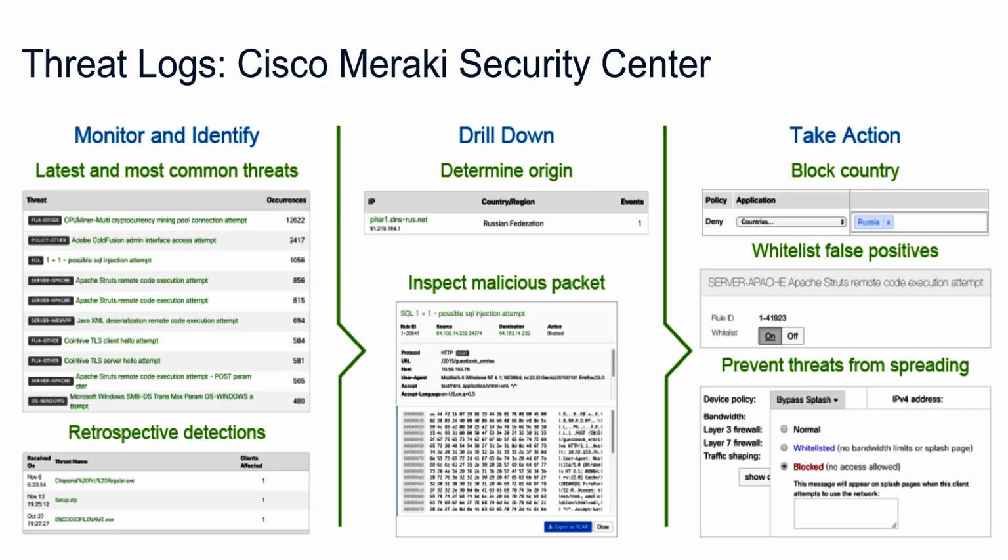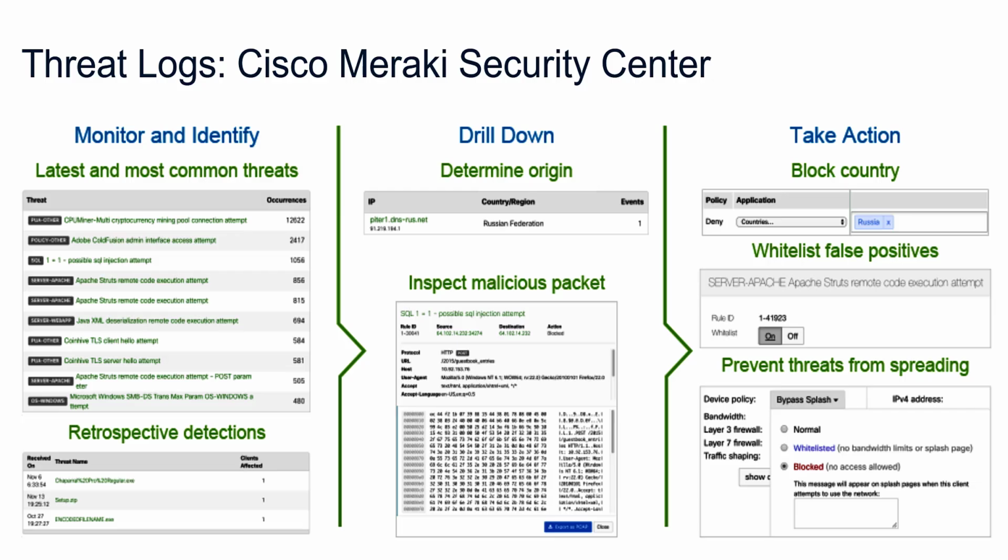Then our last step, take some action. Once we've confirmed a threat, now we move into containment and remediation. And with Meraki, we have direct controls to block actions. We can block specific IPs or destinations. We can block entire countries, geo-based policy. We can do whitelists, right?